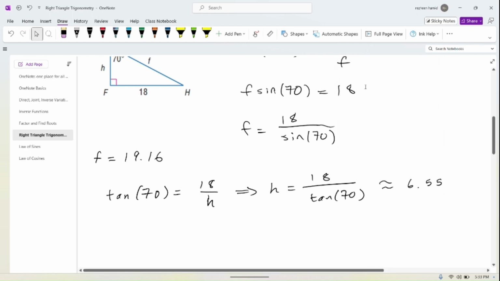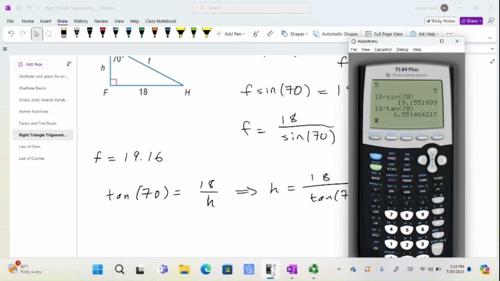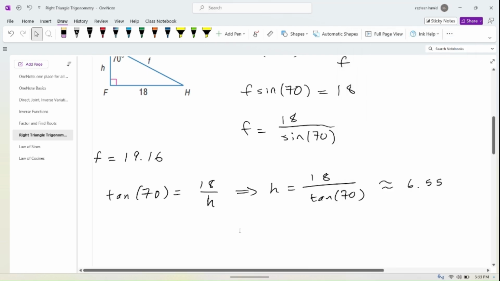We are rounding to the nearest hundredths, and I double checked that this is the correct rounding.